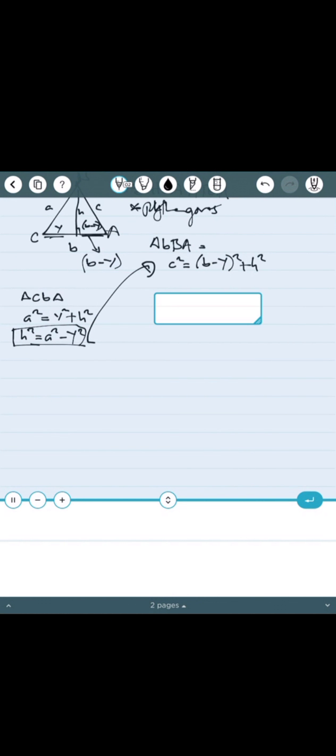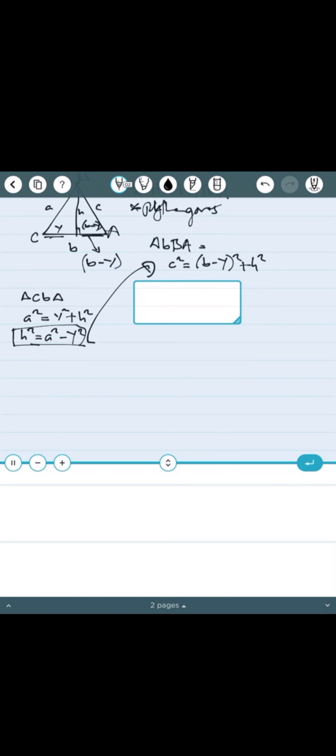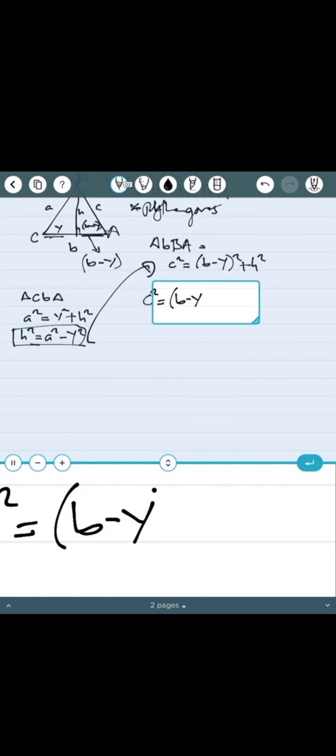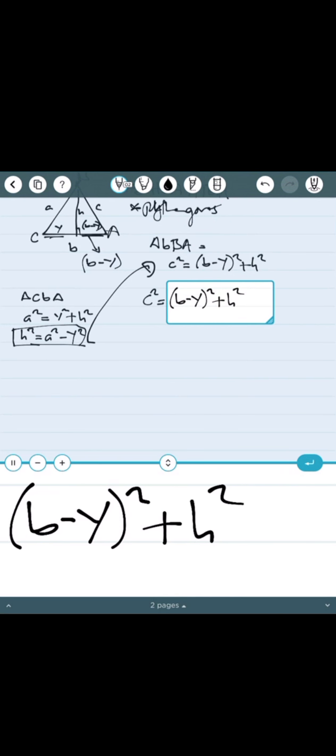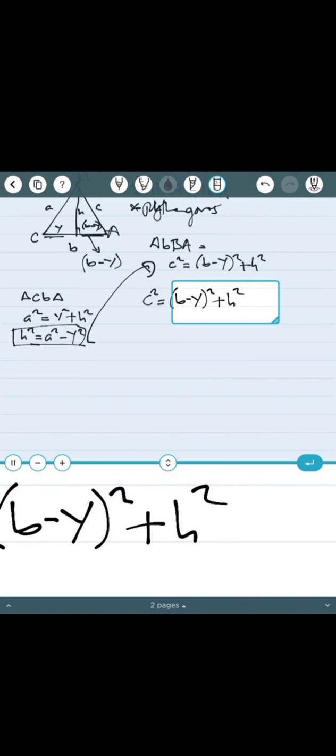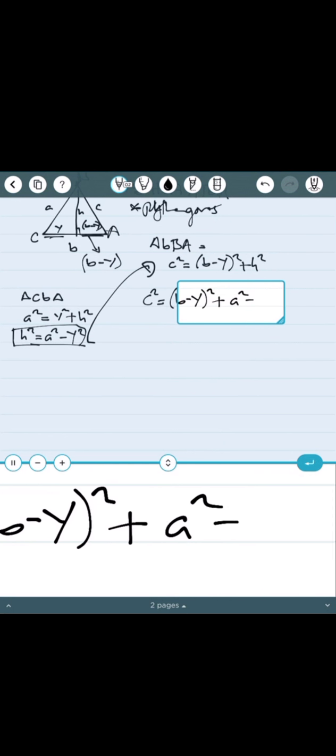So we're going to say C squared is equal to B minus that squared plus H squared. Here we substitute with the value of H squared. So H squared is simply equal to A squared minus Y squared.